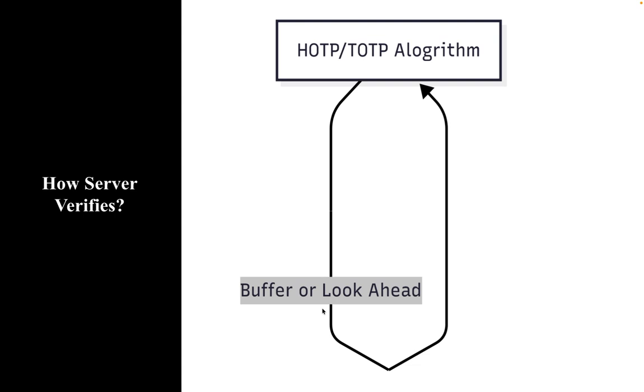So in that case, your server generates OTP for one step before and one step after. So it is able to cross check if your OTP lies in any of that span. If it does, it validates. It is kind of an exception you can see.